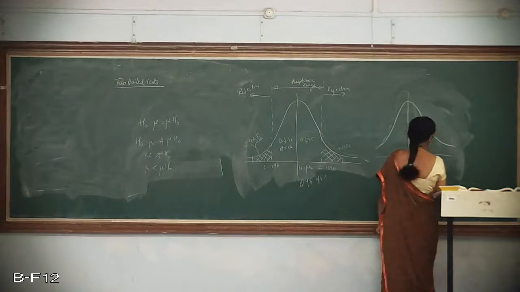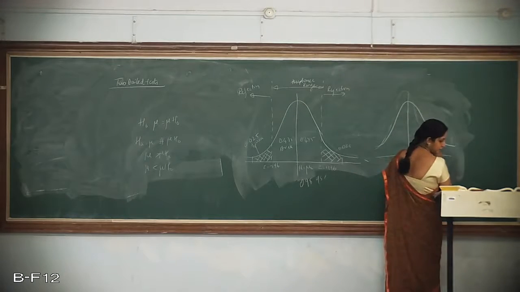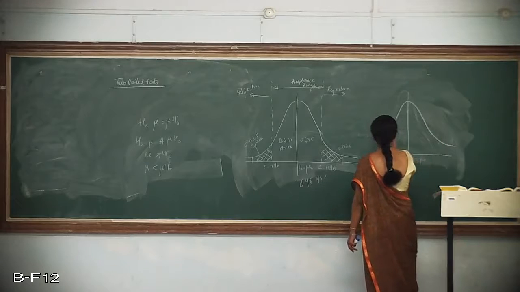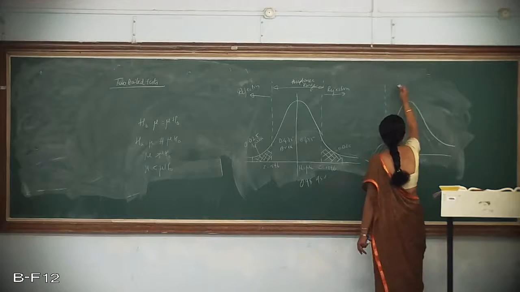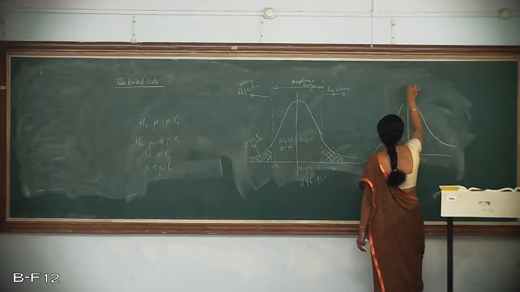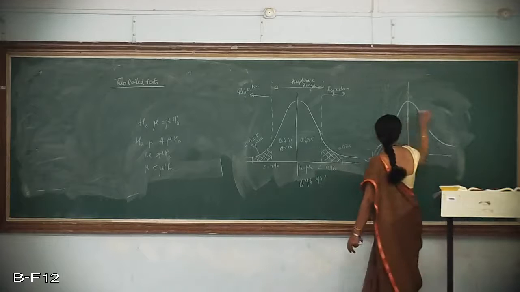Mu equal to mu naught is the mean value, and only this part of the region on one side is considered as the rejection region. And this complete remainder is an acceptance region.